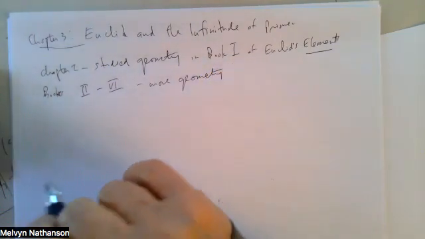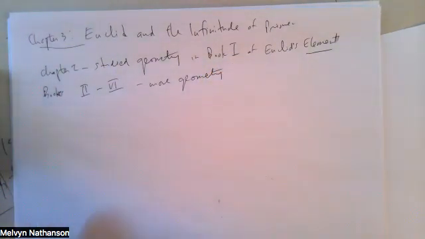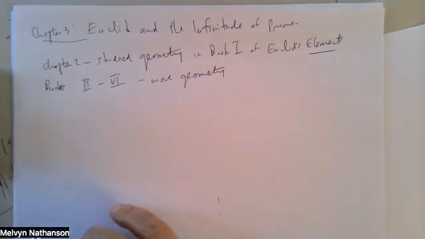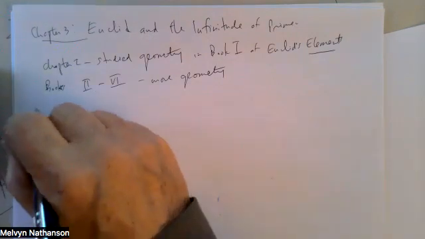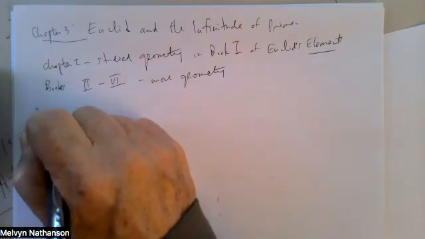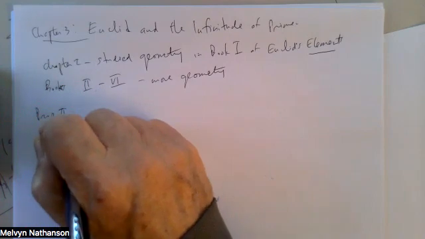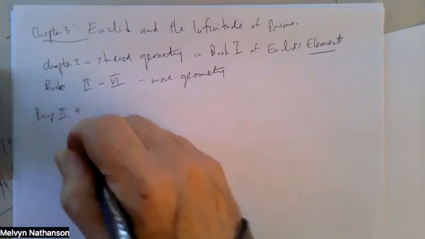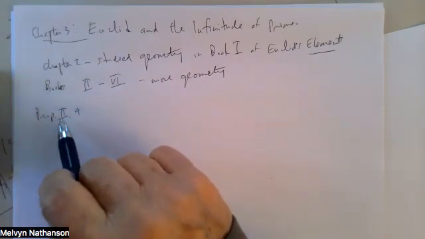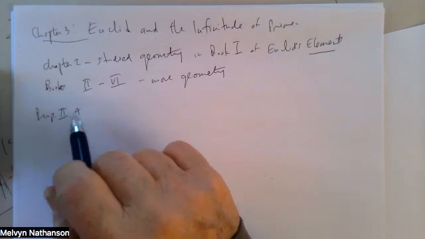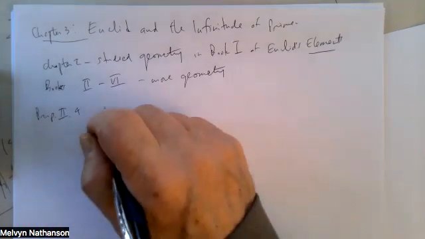And Euclid proves some things that today we would prove algebraically, but Euclid did not have algebra. The Greeks didn't know any algebra. So here's an example of proposition 2.4. This means in book Roman numeral 2 of Euclid, this is the fourth proposition.